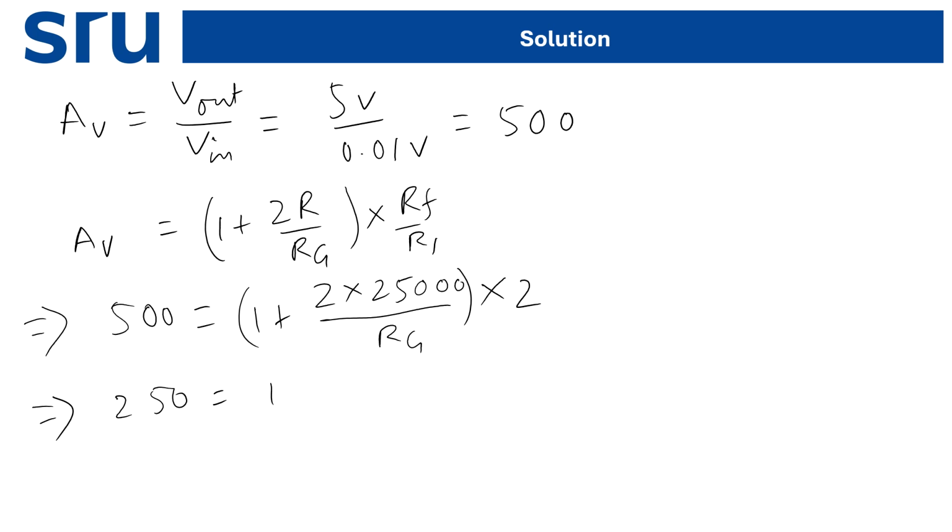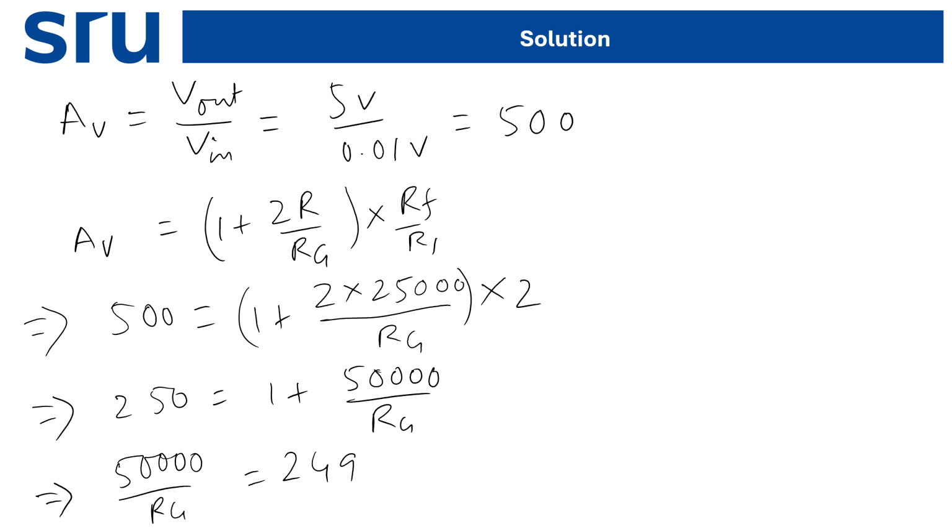Okay, again we can simplify that: 250 is equal to 1 plus 50,000 divided by Rg. Okay, again what we can write is that 50,000 divided by Rg is equal to 249.